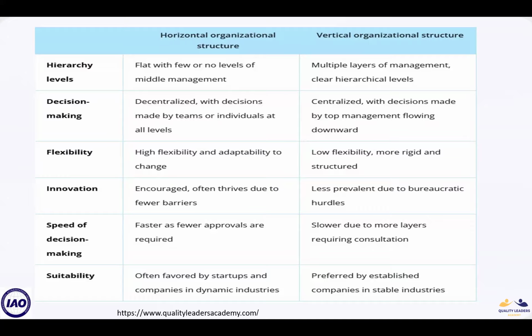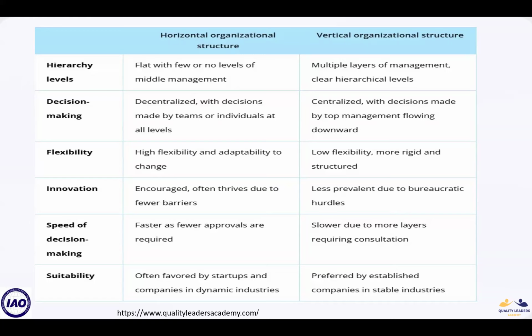Horizontal structures are highly adaptive and highly flexible, whereas vertical have low flexibility and are in a way more rigid. When it comes to innovation, horizontal structures encourage it, and there will be fewer barriers also.